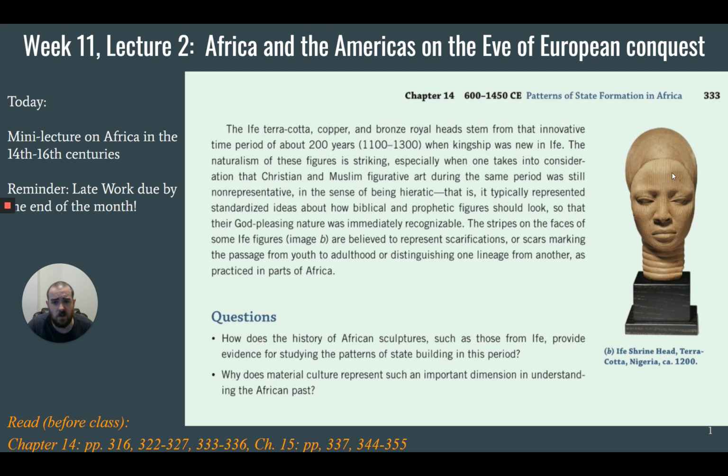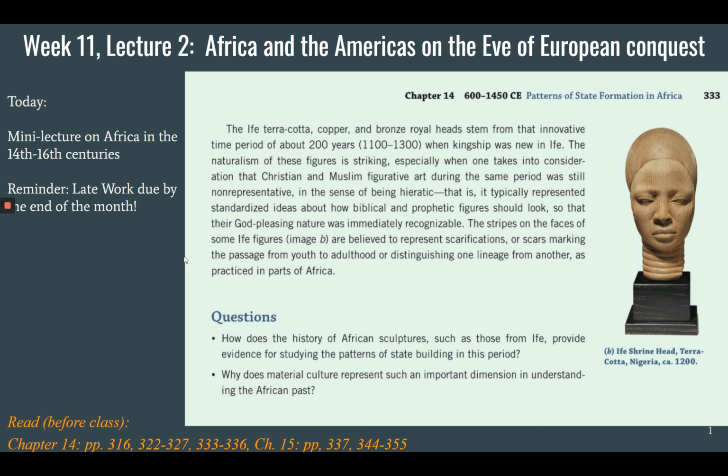Okay, so I thought we would start, and I'll get myself out of the way here, with this wonderful object from chapter 14, which really reiterates a lot of what I've been saying and what you've been learning all term about the importance of material culture. So these are, I believe they're called Ife, terracotta, copper, and bronze royal heads, and there are multiples of these that have been found from around 1100 to 1300 that demonstrate African royalty from areas around places like Nigeria.